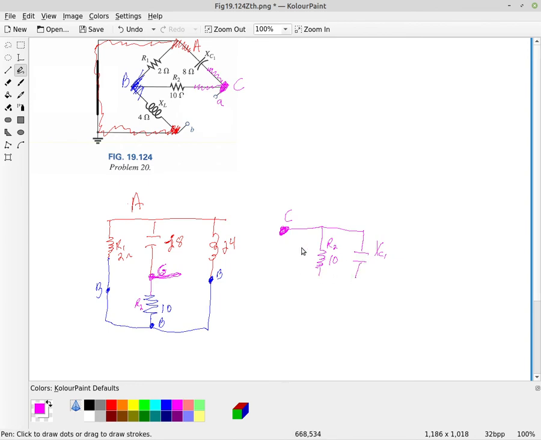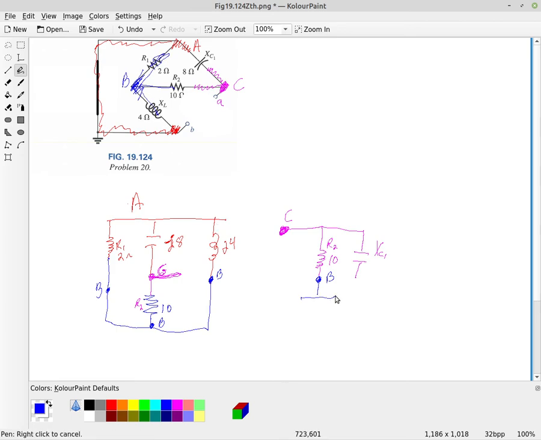Alright, and now R2 went to point B, which I had in blue. So this was point B. But now at point B, R2 comes this way, and I can either go up through R1 or down through XL.